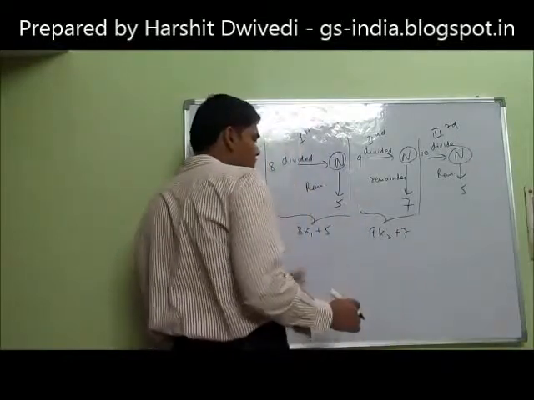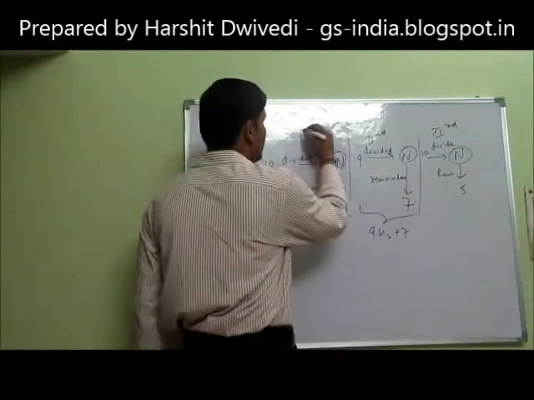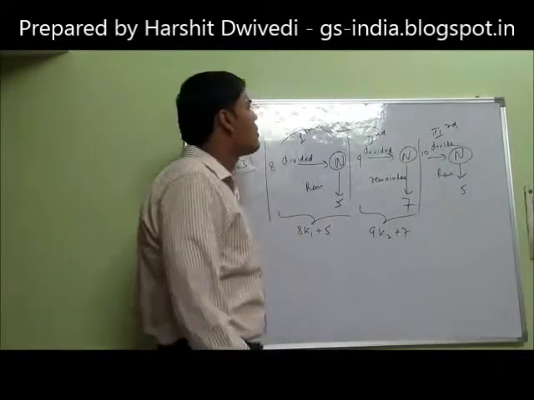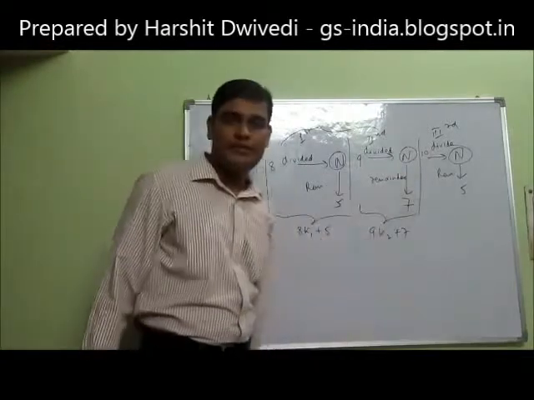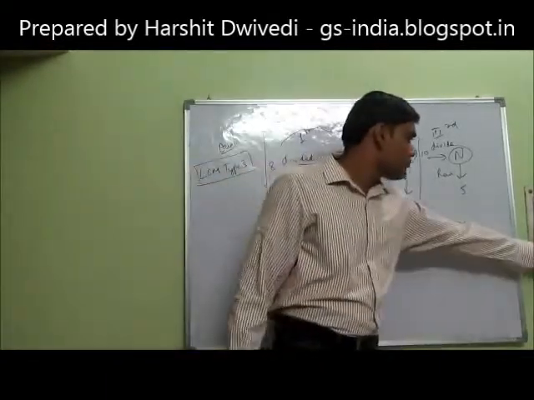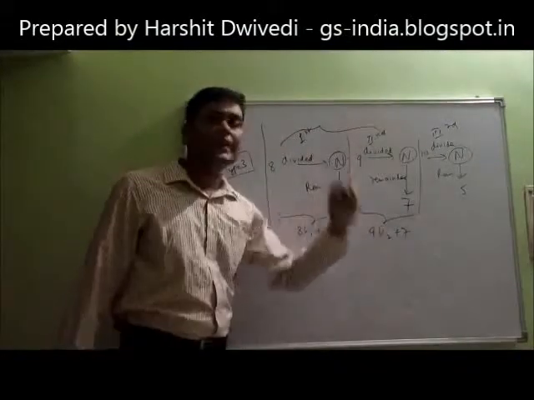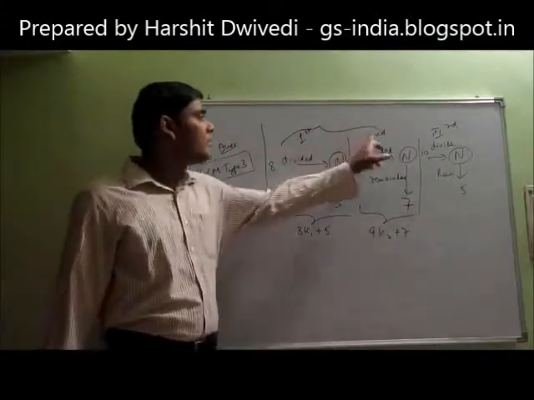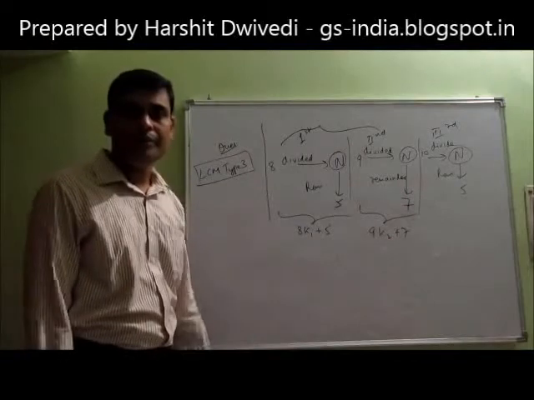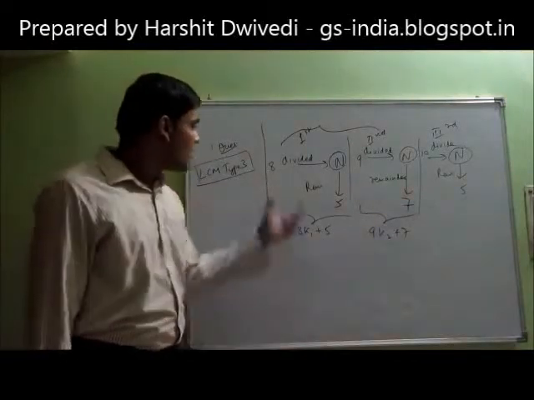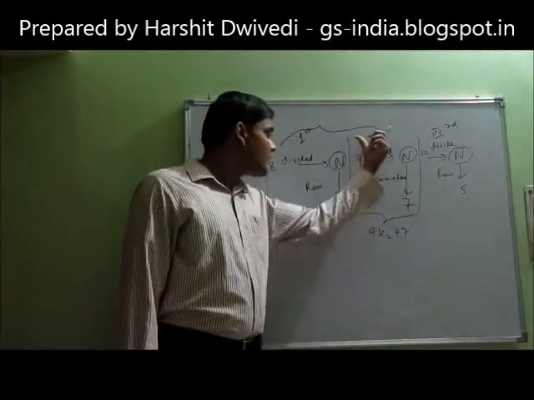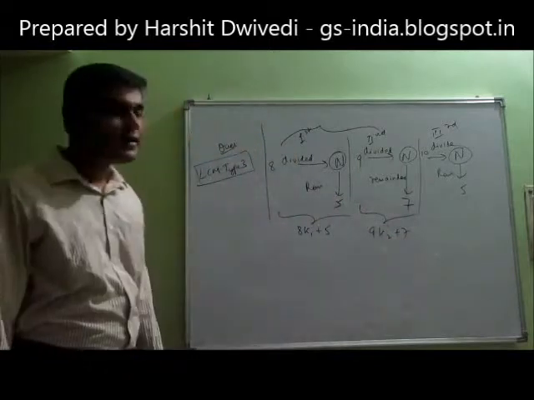First of all, we are looking at these two numbers, not going to the third number. So the first number is 8k1 plus 5, and the second number is 9k2 plus 7.